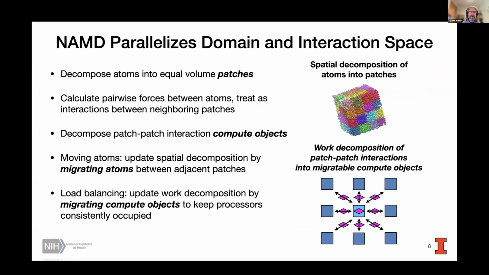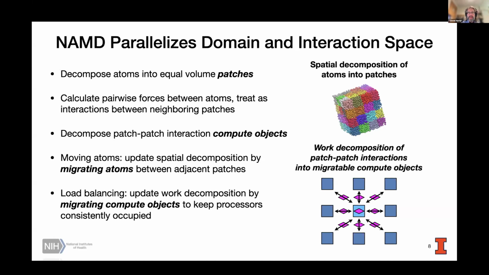And so NAMD parallelizes over not just the spatial domain, but also the interaction space. And so we decompose the atoms into equal volume patches. And since the majority of the work is this non-bonded force calculation that we're trying to calculate the short range part within a cutoff, we can think of calculating pairwise forces between atoms and between neighboring patches in space.